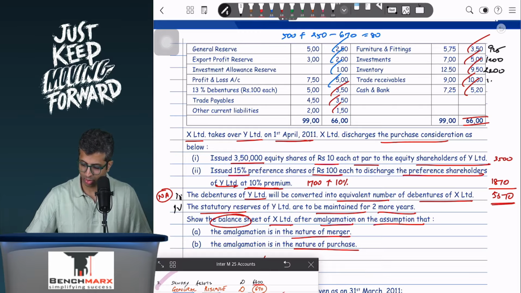I think this is 1930 and 725 and 520, 1245. Even over here in general reserve is the only place where there is a challenge.